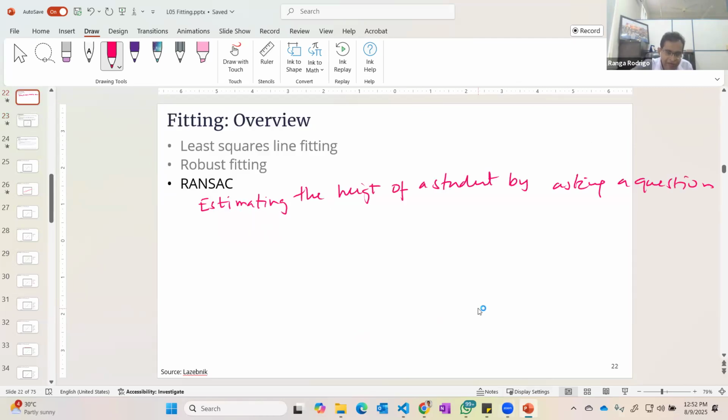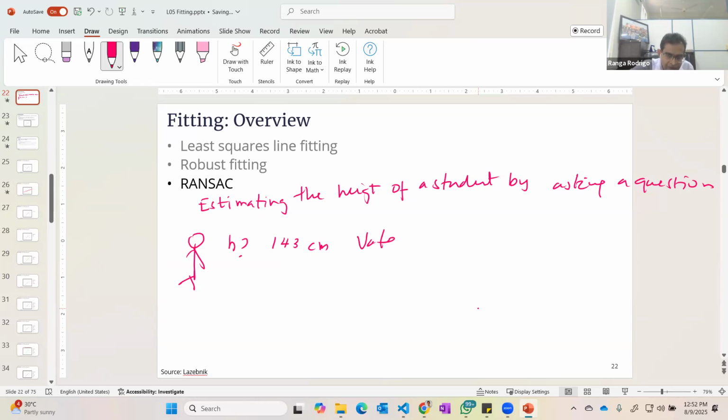In this class, I take one student and ask him, what is your height? And he will say, I don't know, 143 centimeters. Then I ask, how many people agree with it?